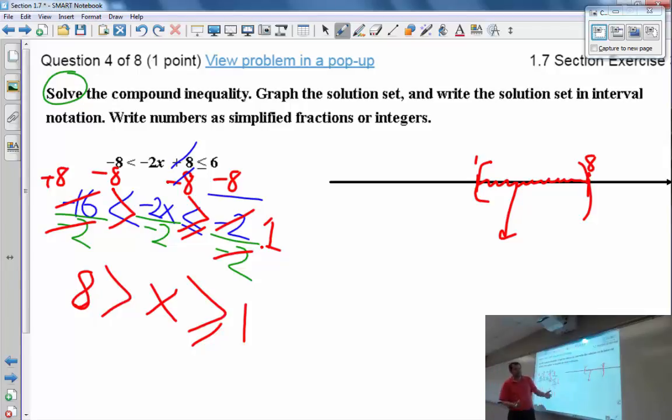Bracket, parentheses, look. Your interval notation is here. Do you see it? Bracket 1, parentheses 8. Make it [1, 8). That's it. Okay? Make sense?